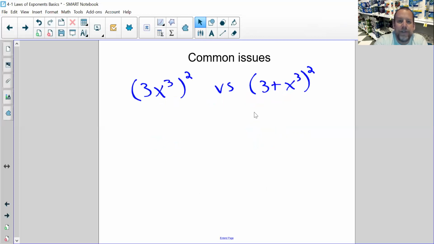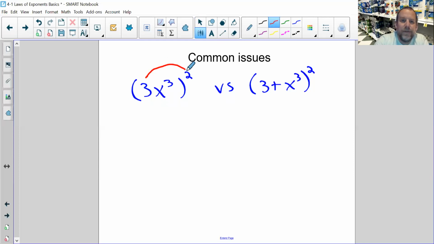All right, another common issue is I was kind of tentative to use the word distribute when I taught you this law a couple of videos ago, but really what you're doing, it's an okay word, is you're distributing that 2 to all of the bases inside of here. And that works if you have multiplication inside of here.